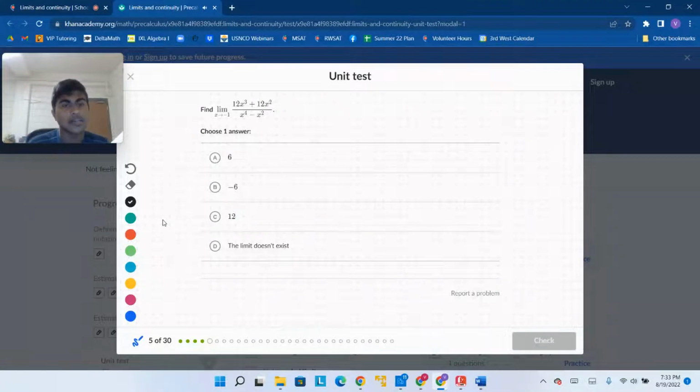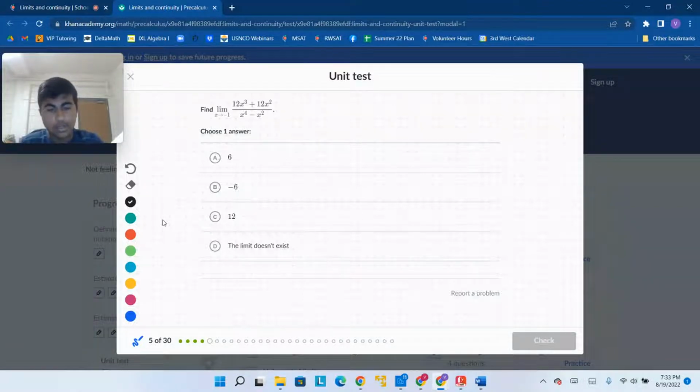Find the limit as x approaches negative 1, when you're given this kind of thing. All right, let's think about what we can do here. Well, what we can do is the same thing that we did before, right? So negative 1, and then you're going to subtract 10 to the negative 5, negative 1 minus 10 to the negative 5, and you can plug this into anything, right?